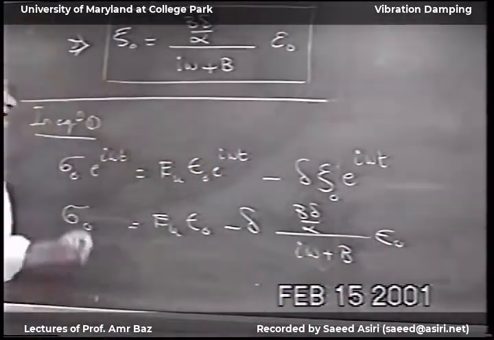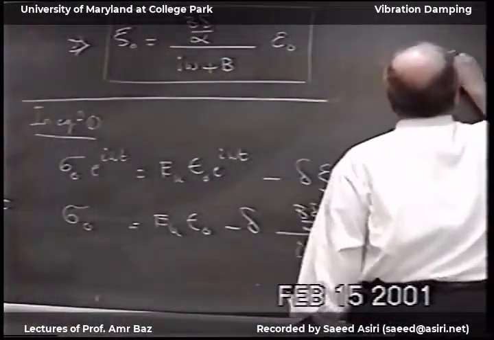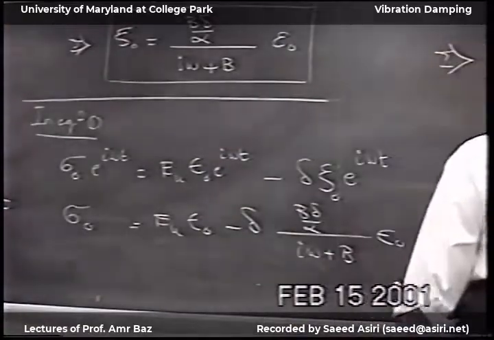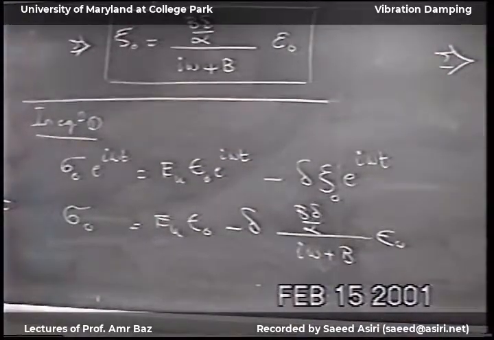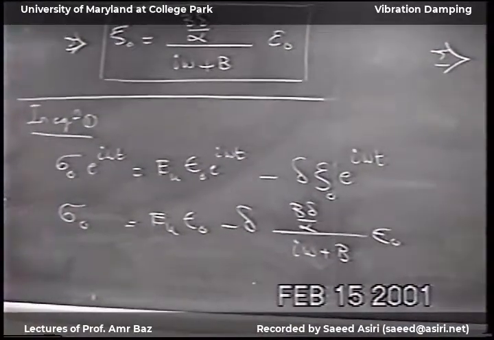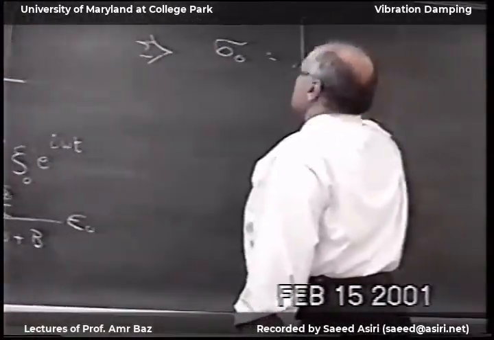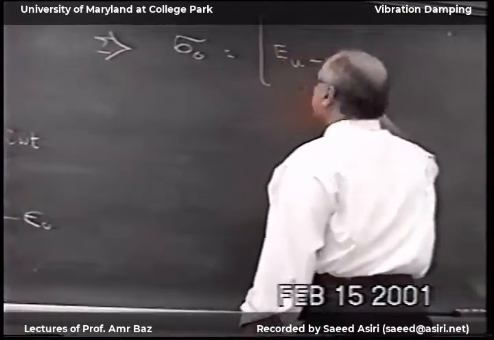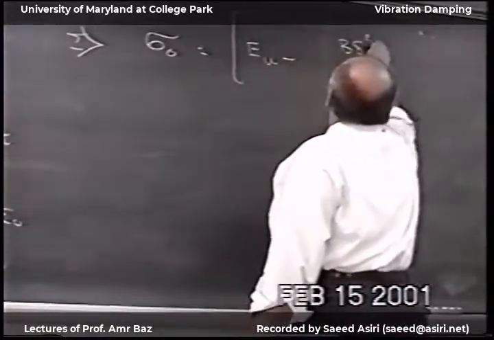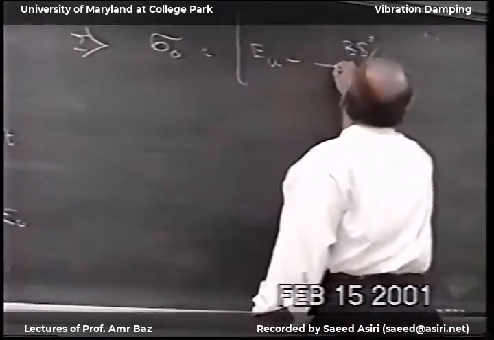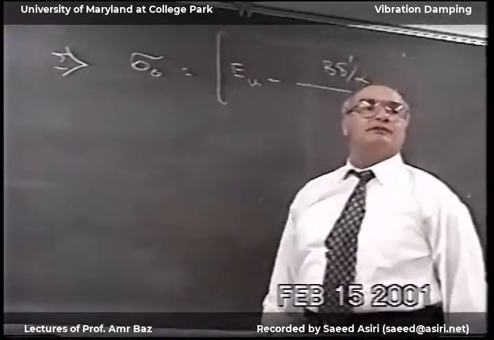Now we're done. We have here a relationship between sigma 0 and epsilon 0. And this relationship is EU minus B delta squared over alpha, divided by this term.